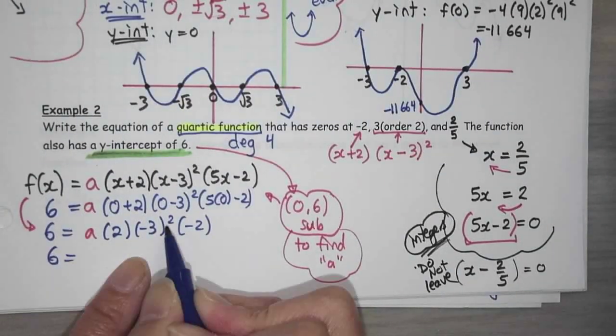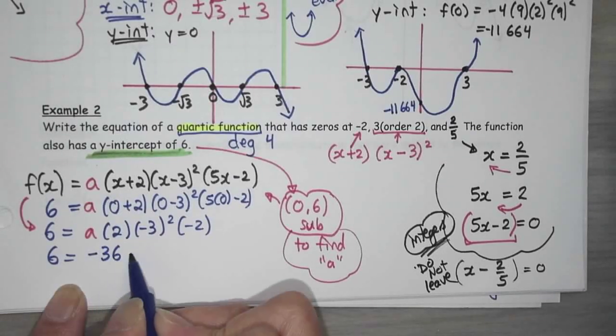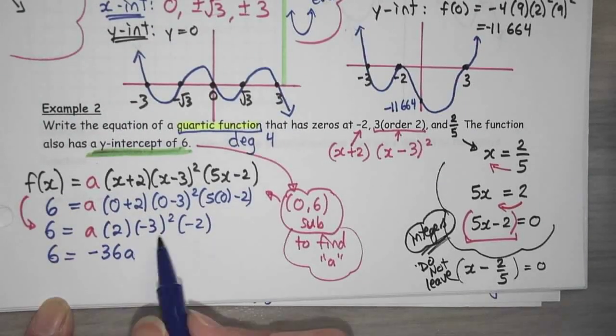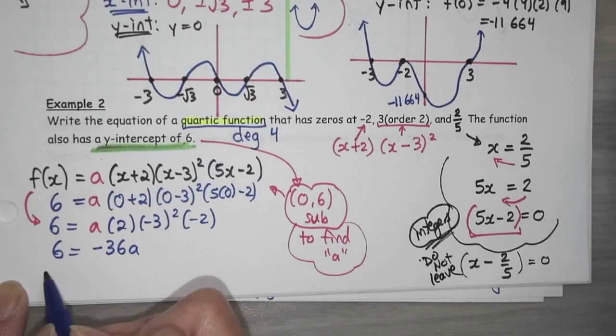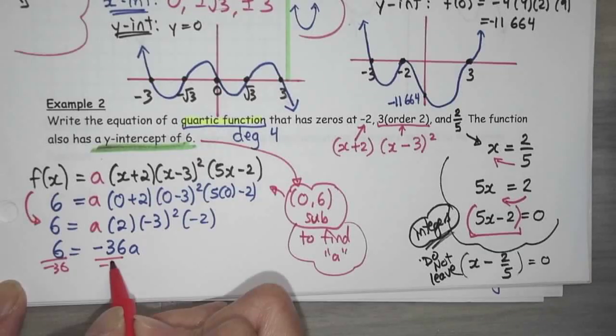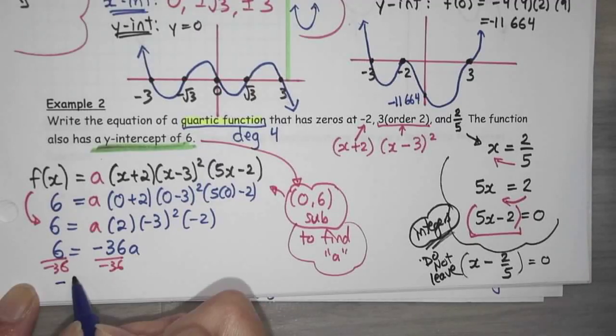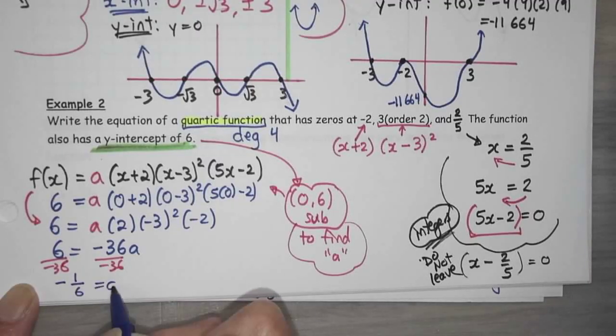So 6 equals, what's that, 9 times negative 4, so negative 36a. Divide both sides by negative 36, and we get, whoops, sorry. And that'll be negative 1 over 6 equals a.